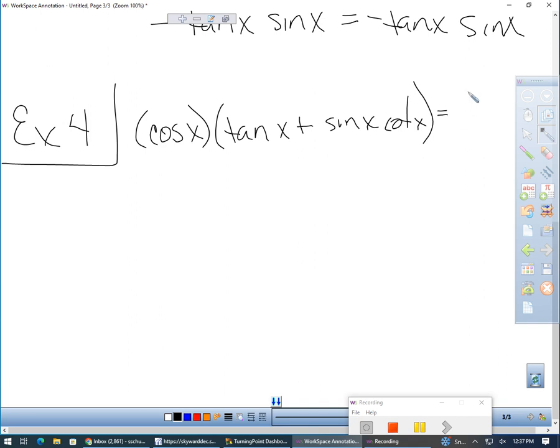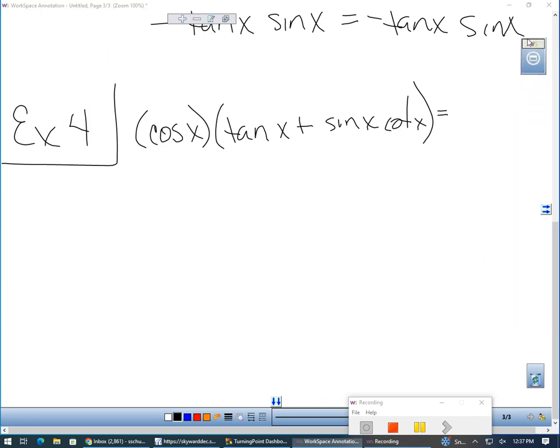I want to prove that this equals sine x plus cotangent squared x. Or no, cosine squared x, excuse me. Sorry, that's supposed to say cosine squared x. My bad. All right.